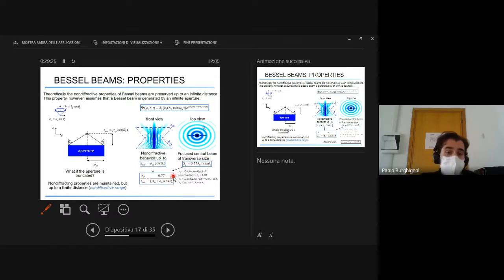So in principle, you want an axicon angle that is as small as possible in order to minimize this expression and go as far as possible. And of course, the larger the aperture, the smaller this figure of merit. So another desirable parameter is to have an aperture that is as large as possible in terms of wavelength.